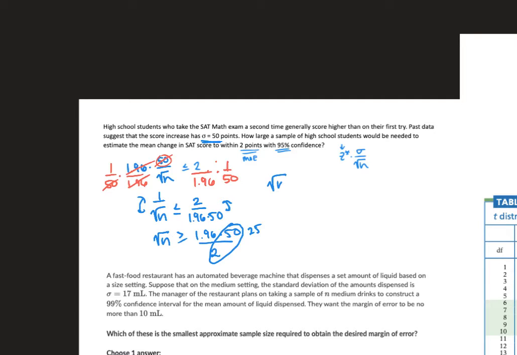So that means square root of n is greater than or equal to 1.96 times 25. And then last thing we're going to do is square both sides. So 1.96 times 25 squared, you get 2401. So that means you need a sample size of 2,401 in order to get a margin of error of 2.